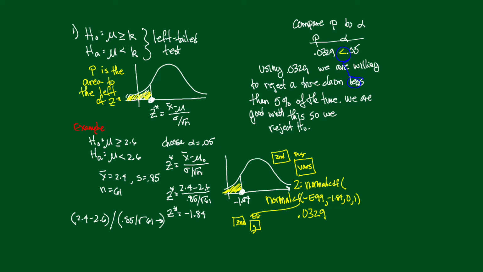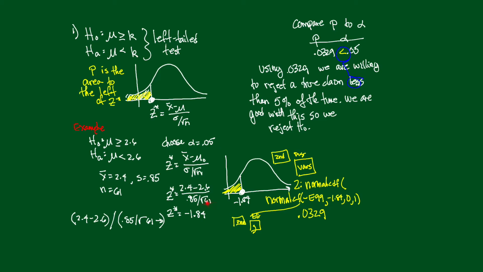Now, I don't really have sigma, right? We have S, but I got a large sample, so I can replace sigma with S. So I will use 2.4 minus 2.6 divided by 0.85 over the square root of 61.